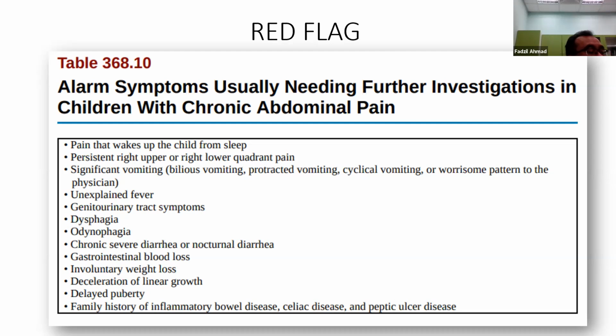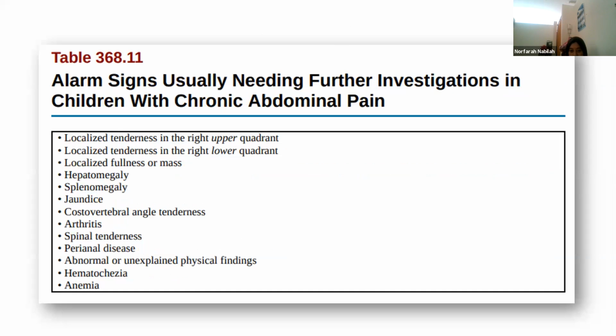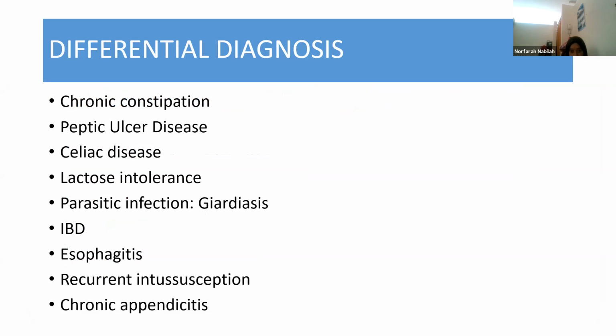Examples of red flag symptoms: the patient might present with blood in stool, persistent vomiting, dysphagia, odynophagia, and so on. Okay, next. These are examples of alarm signs such as hepatomegaly, splenomegaly, localized fullness, a mass, jaundice, and so on. Okay, next.